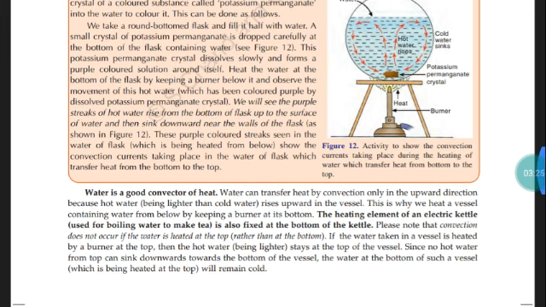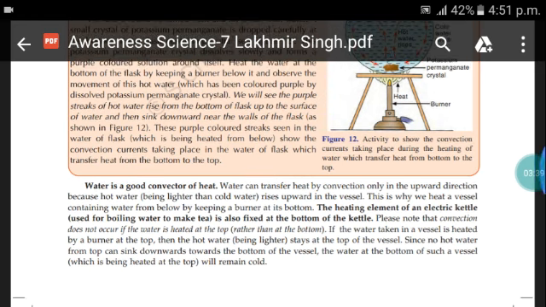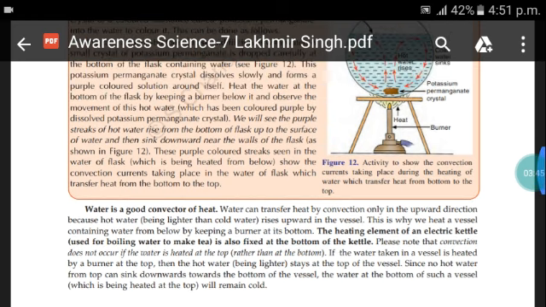And now what will we observe? The movement of this hot water, which has been colored purple by dissolving what? Potassium permanganate crystal. We will see the purple streaks of hot water rise from the bottom of the flask up to the surface of water and sink downward near the wall of the flask.